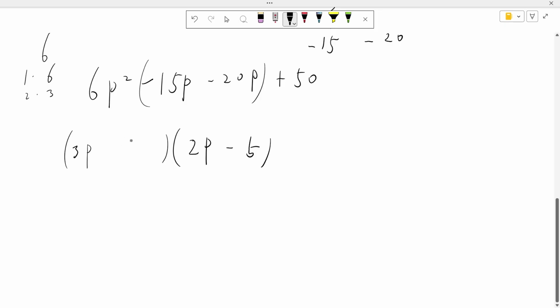And we just have one other term remaining. Let's do it the other way. So we got the negative 15p from negative 5. And we can get the negative 20p now from negative 10, because negative 10 times 2p is negative 20p. And also negative 10 times negative 5 is plus 50. So it checks out.